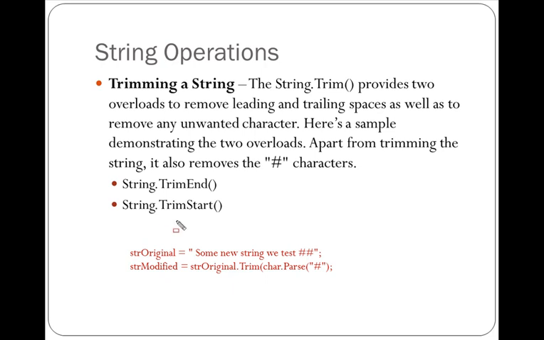So in the simple example we have here, we just have some new string we test, that starts with a space, ends with a space and 2 pound marks or hash symbols, and then we're going to trim this looking for the spaces and the pound symbol. When this is done, we would only have some new string we test, no spaces on either end and no pound symbols.